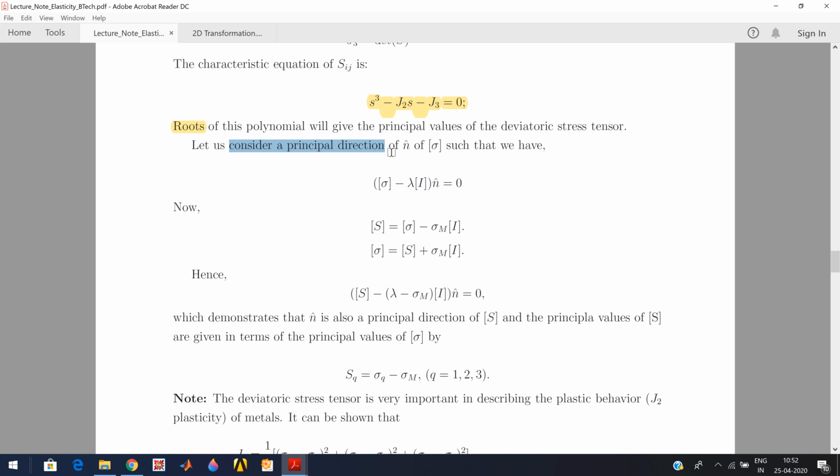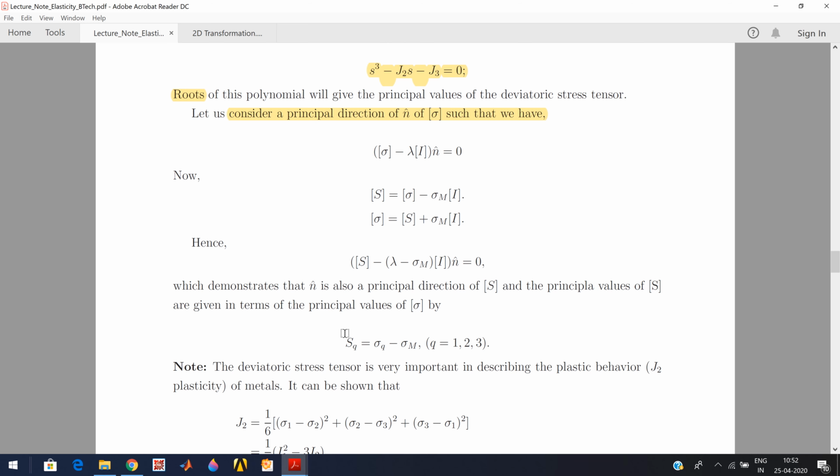Now we also can see one interesting thing, that the eigenvalues of this deviatoric stress tensor, you can go through the derivation, and you will see that the eigenvalues of the deviatoric stress tensor will be just the eigenvalues of the original matrix sigma minus sigma m, the magnitude of the hydrostatic normal stress.